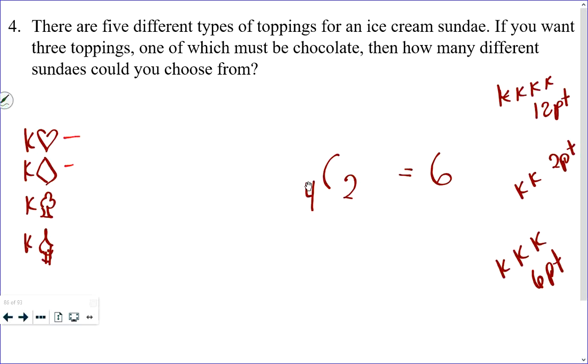You've got 1 pair, 2 pairs, 3 pairs, 4 pairs, 5 pairs, 6 pairs. You're choosing a total of 6 different pairs because 4 choose 2 is 6. That's why you get 12 points. 3 choose 2 will give you 3, and each pair is worth 2. If you don't play crib, none of this makes sense. Okay.